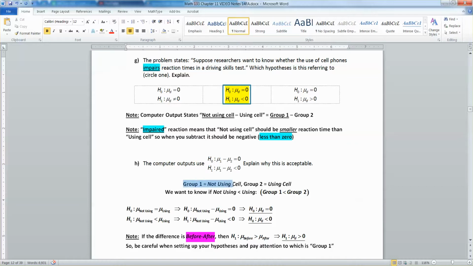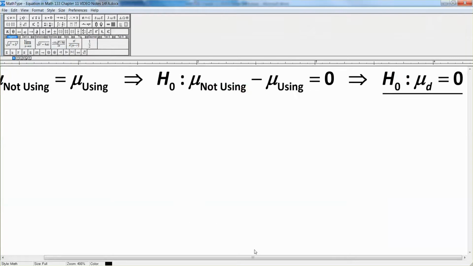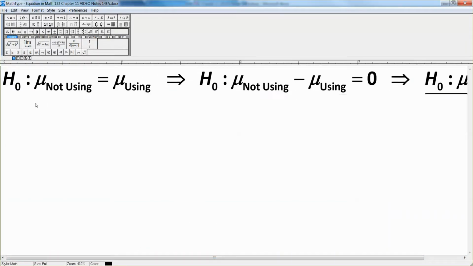Group 1 is the not using cell group. Group 2 is the using cell group. We know that we want to know if not using is indeed less than using. Does it take you less time to react when you're not using a cell phone than when you are using a cell phone? Because of course in driving, reaction times are very important. It can be the difference between life and death. So we have the mean for not using and the mean for using, right?